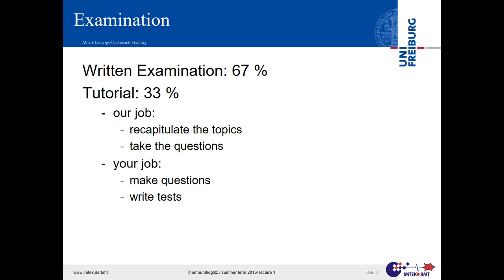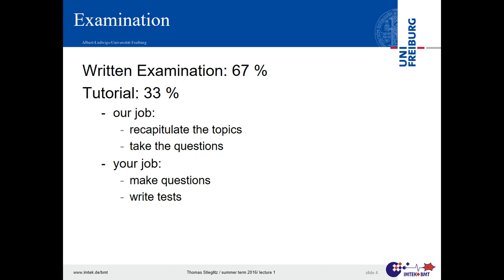There is a kind of exercises or tutorial as part of this course. And if you pass the written examination and you pass the tutorial, then those two grades will be calculated together as the final grade.